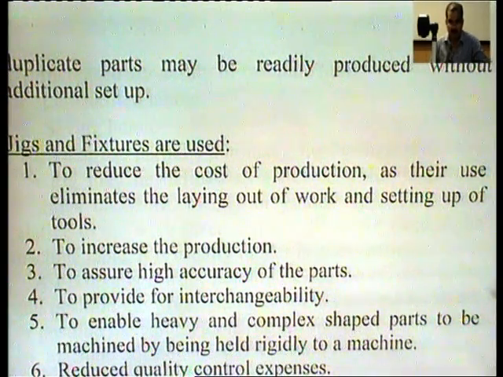Sixth, reduced quality control expenses, because we don't need to check the quality parameters of the products again and again, because with the help of jigs and fixtures we get partially automated operation.